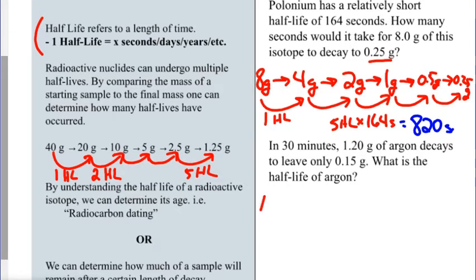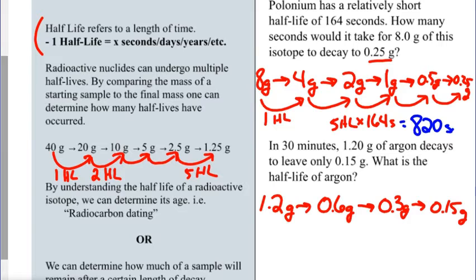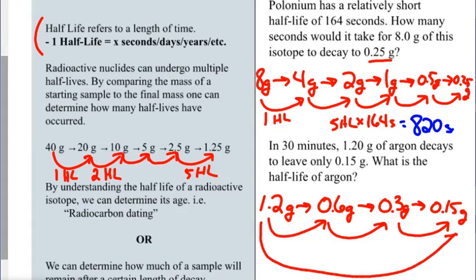Again, if you want, pause the video, maybe try this out, see if you got it, and then come back. Okay? If we start with 1.2 grams, half of that is going to decay down to 0.6 grams, which will decay down to 0.3 grams and decay down to 0.15 grams. So we've got 1 half-life, 2 half-lives, 3 half-lives, but in total, from 1.2 all the way to the very end, this took 30 minutes.